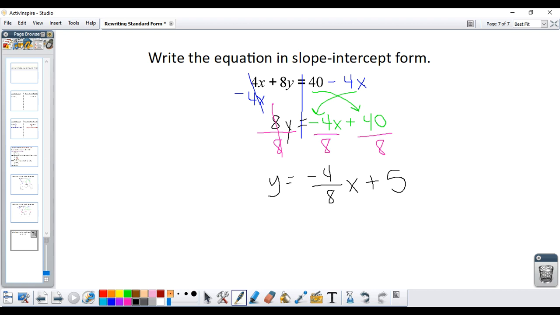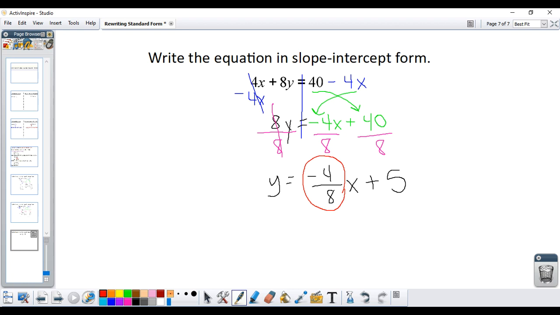Now, there are a lot of people who will leave it right here, but I want to push you to simplify this. Now, when you simplify this, it's really important that you are paying attention to where your numbers are. So first of all, when I look at 4 and 8, I know that they share 2 and they share 4.